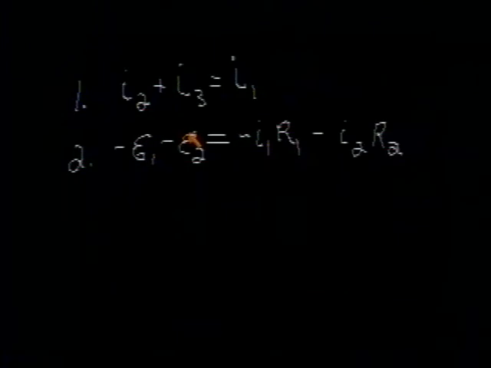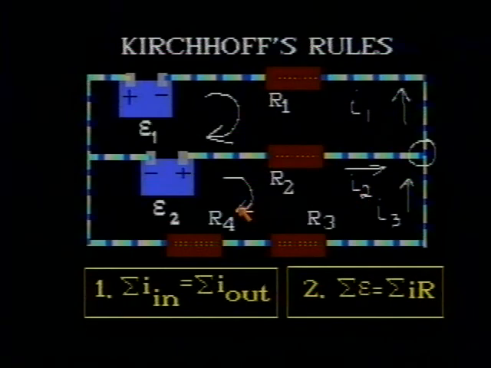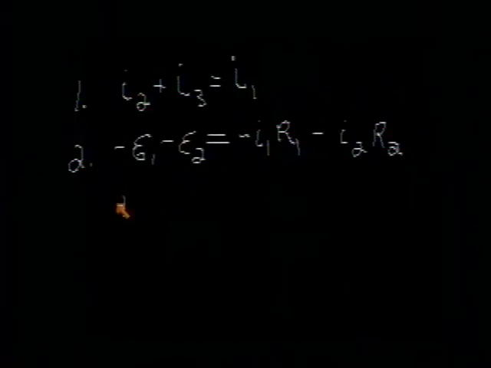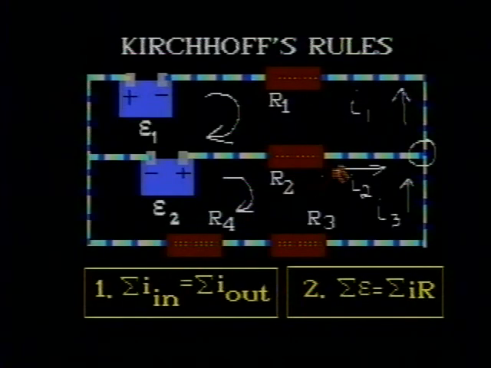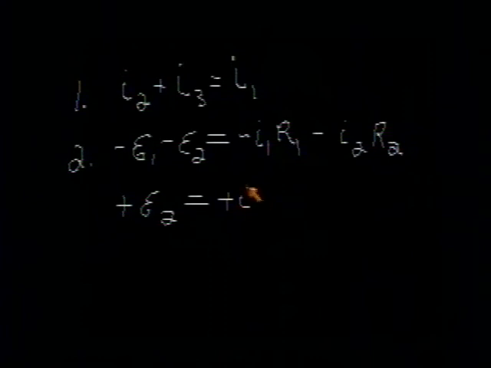Now we go to the next loop, the lower loop. As we go around it, we pass through the EMF E2 in the direction negative to positive. So by our rule, it will be positive. Plus E2 is equal to, and then the sum of the IR drops. We pass through R2 in the same direction as I2, so we write plus I2 times R2.